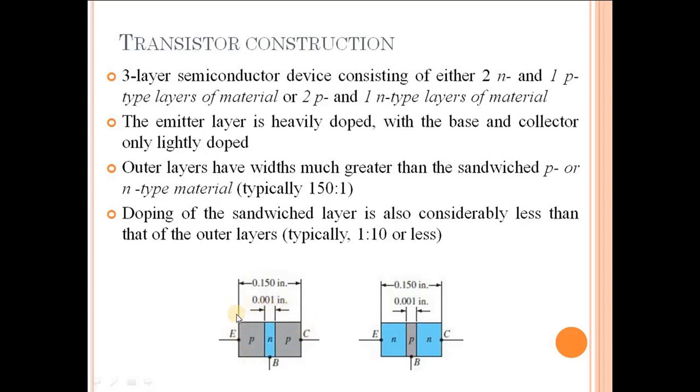This is the case in a PNP BJT, and similarly in this NPN BJT you will see there is a PN junction over here, and there is a second PN junction over here. So irrespective of whether it is PNP or NPN, they both have two PN junctions. And so we are calling this transistor a bipolar junction transistor.